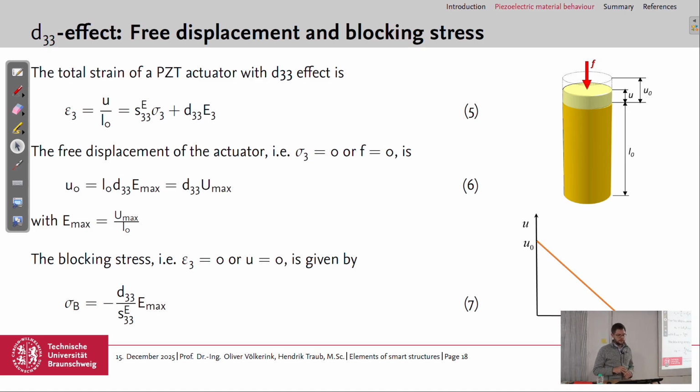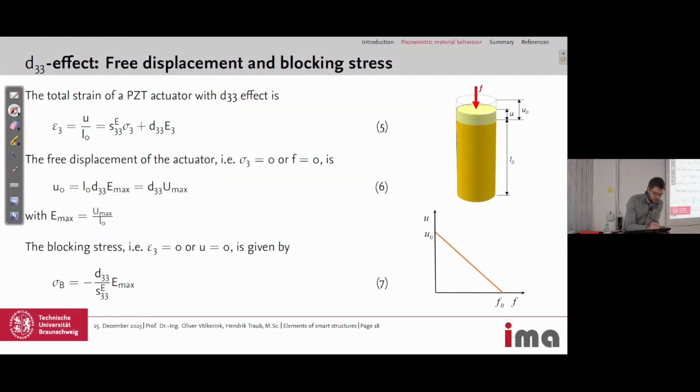So now we are coming back again to your question maybe about the blocking force. We can now use the equation we have for the small signal behavior to look at free displacement and blocking stress or blocking force.